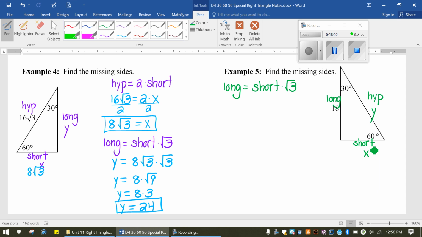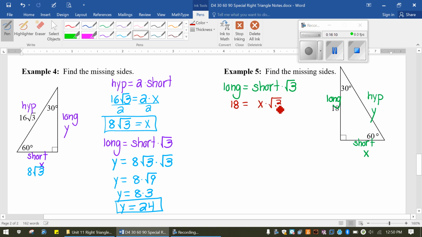In this case, I have to start with that long leg of 18. My short leg I labeled x, and then I'm multiplying by square root of 3. So in order to get x by itself, I'm going to have to divide by the square root of 3. And this is where the rationalizing comes in.